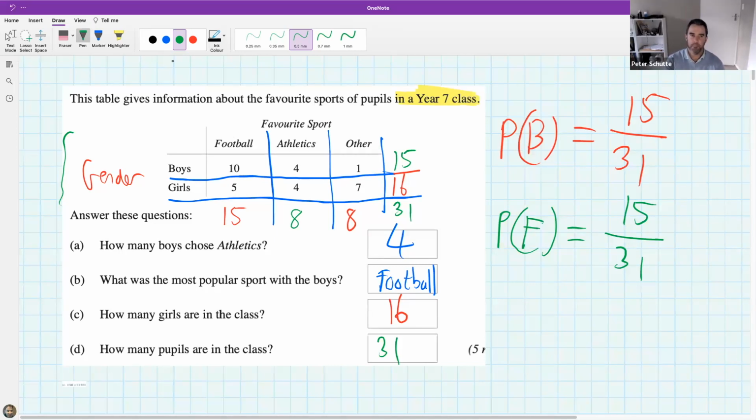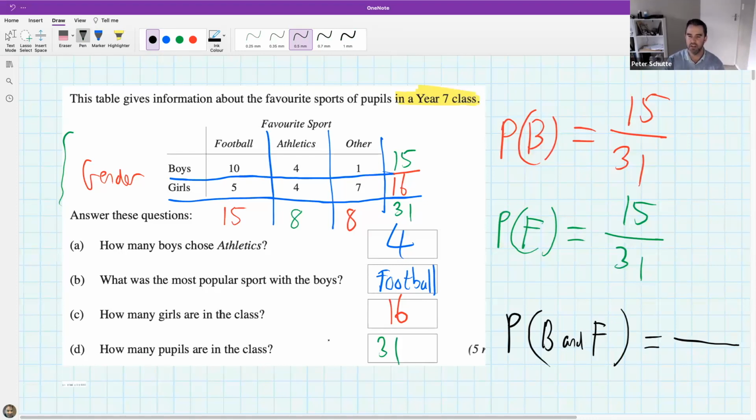Okay, what about if I said to you, what is the probability if you choose a random person from the class that they're both a boy and, the symbol for and in probability, or let me just use and, their favorite sport is football?